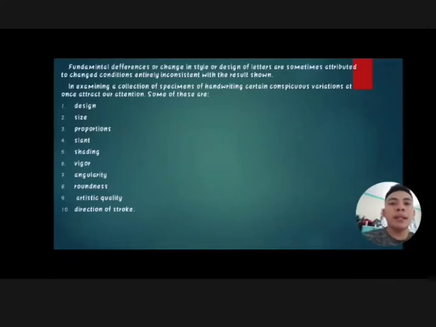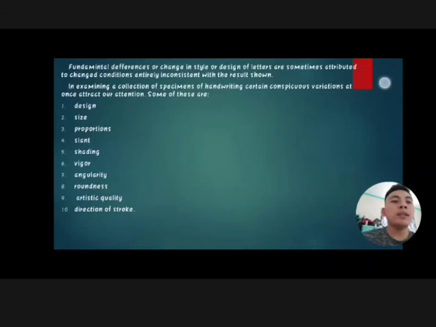Fundamental differences or changes in style or design of letters are sometimes attributed to changed conditions entirely inconsistent with the results shown. In examining a collection of specimens of handwriting, certain conspicuous variations at once attract our attention.